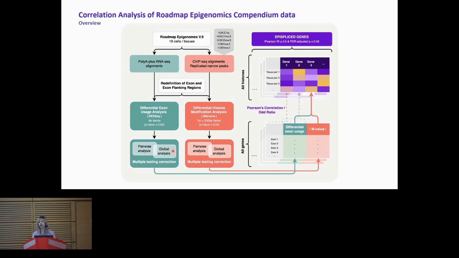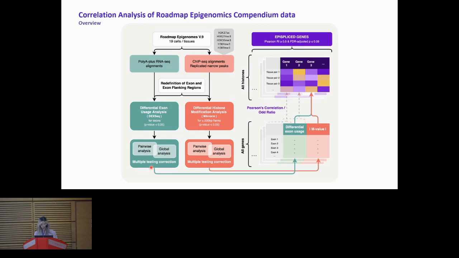After that, we have to perform multiple testing corrections to take into account the blow-up of error that comes from all the comparisons. After the correction, we are able to link the two features together and see how they are connected by Pearson correlation. At the end of the workflow, we have something that we call in the study episplicings.